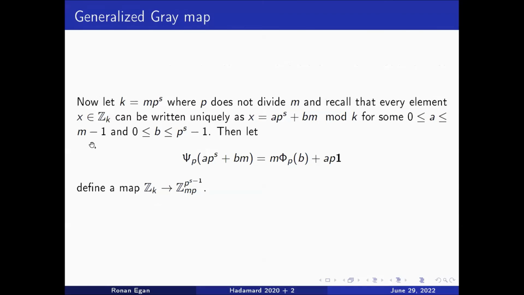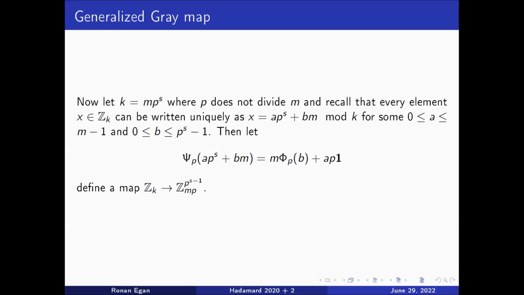Okay. So all that's really left anyway is to generalize this to fully composite numbers rather than just prime powers. So here, when you take k in general, it'd be some multiple m of p to the s. And so m is now co-prime to p.